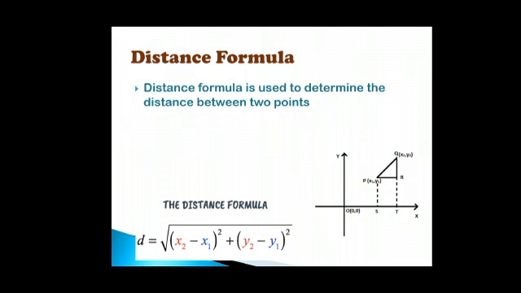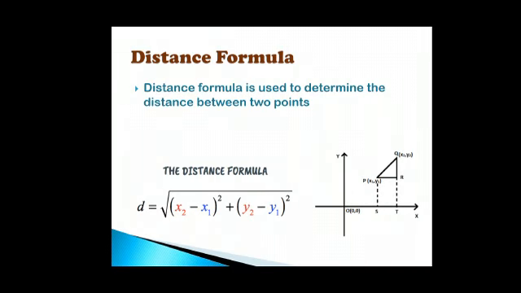Now, we have already studied that the distance formula between these 2 points is given by d is equal to under root of x2 minus x1 whole square plus y2 minus y1 whole square.